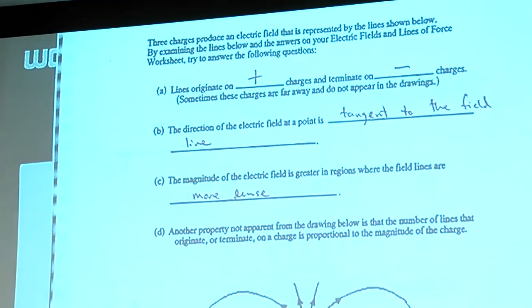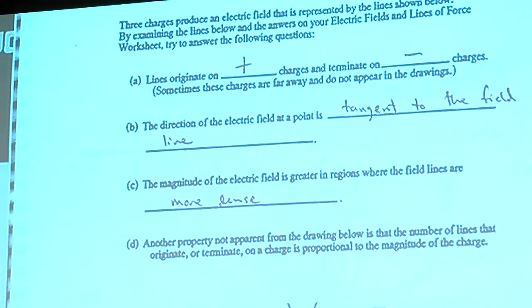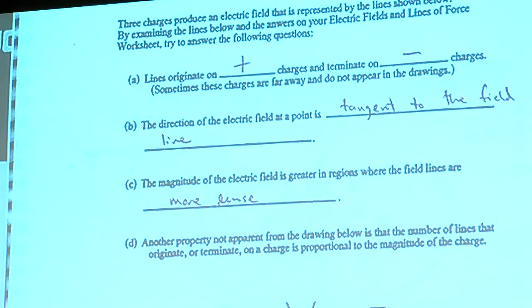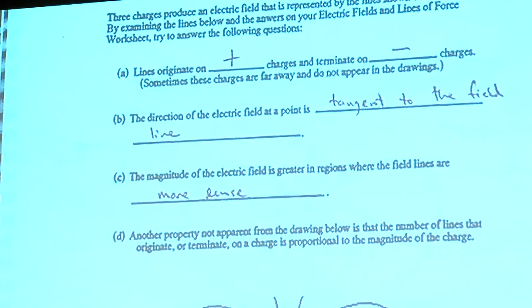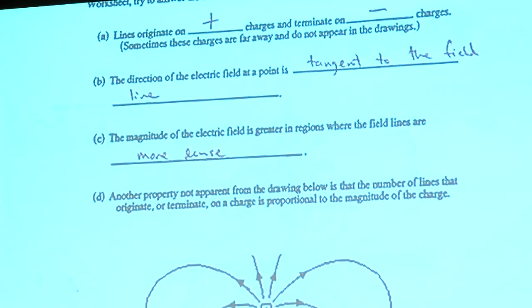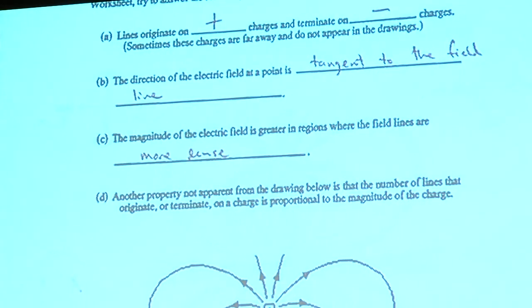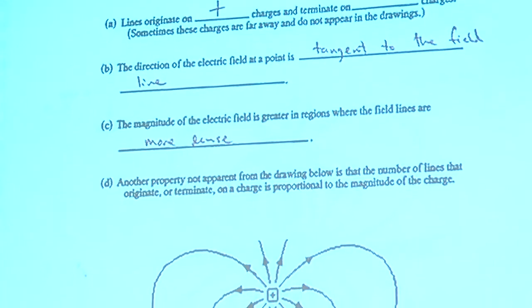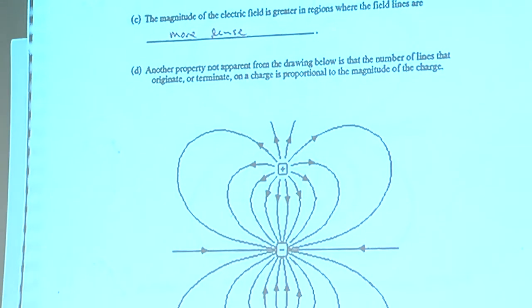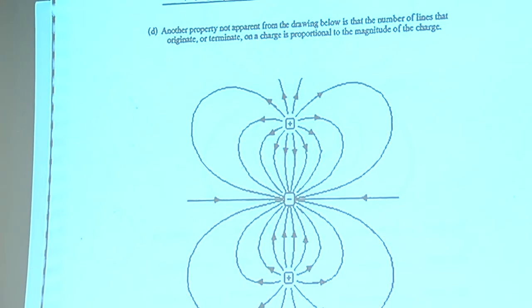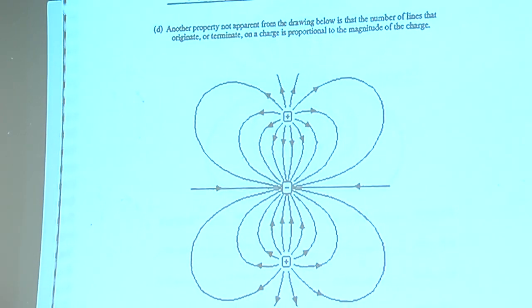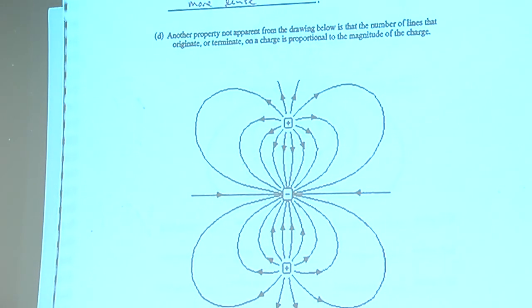Another property, maybe not apparent from the drawing below. Well, they didn't tell you, I guess. We don't know what those charges are yet. It is that the number of field lines that originate on a positive charge or terminate on a negative charge is proportional to the magnitude of the charge.